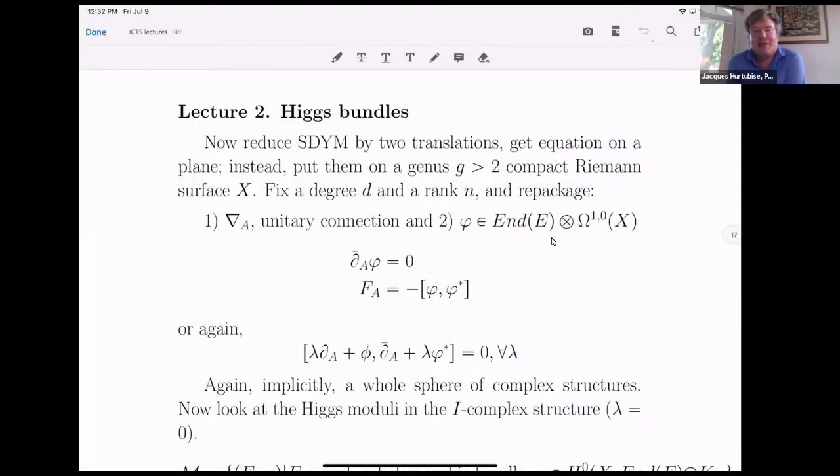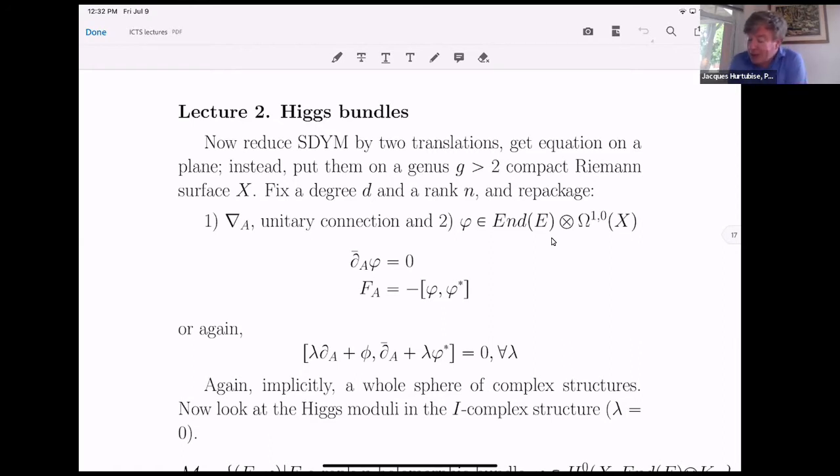So after spending the hour on Wednesday talking about various versions, and particularly reductions, of the anti-self-dual equations, and seeing how the geometry of curves and line bundles, the things that build important examples of integrable systems, kept popping up in various ways, whether in the study of monopoles or various reductions of the self-dual Yang-Mills or anti-self-dual equations from R4.